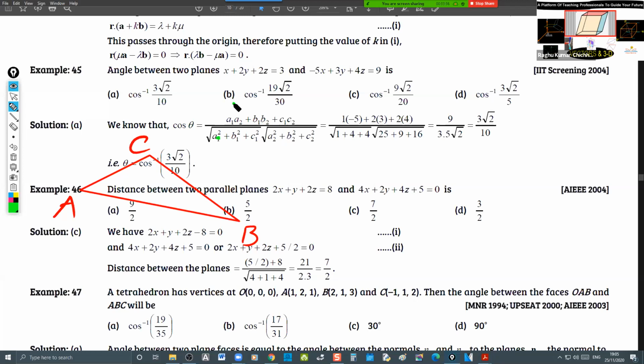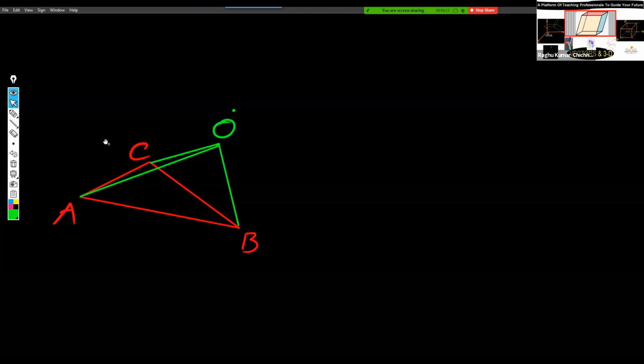Then you can see this is O. These 3 points on the base are to be joined. This is the tetrahedron. This is what the tetrahedron is.